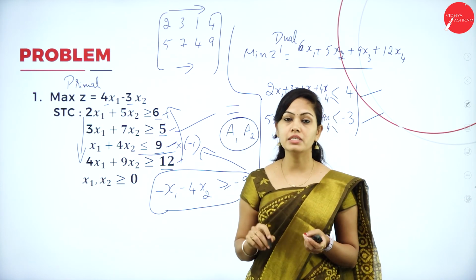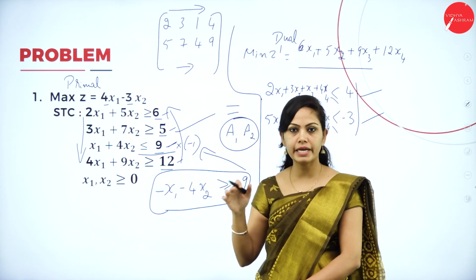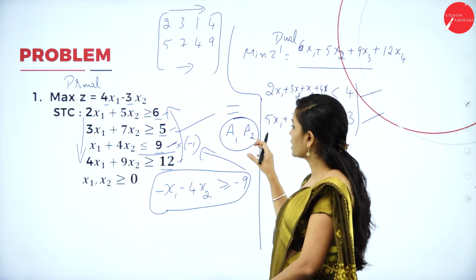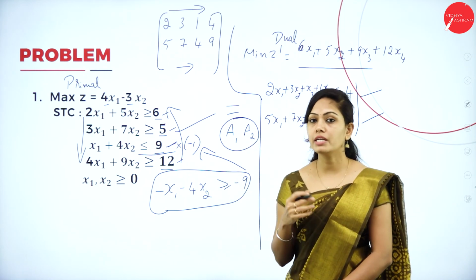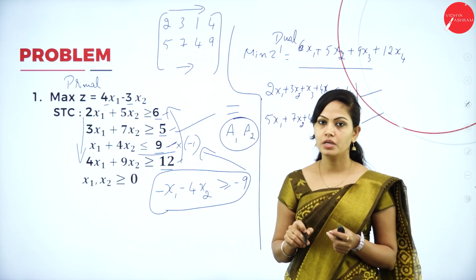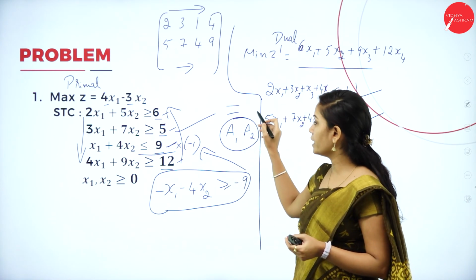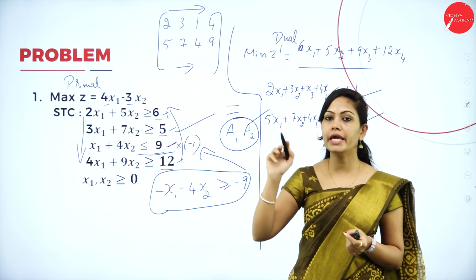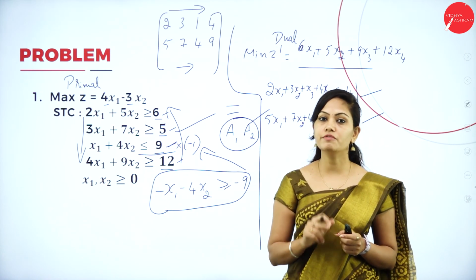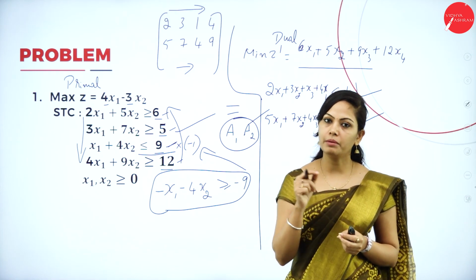We have to convert this into standard form. We have another method for converting primal to dual when you get an equal sign. Please keep in mind we are not using artificial variables in primal to dual conversion. We have to use the second method.